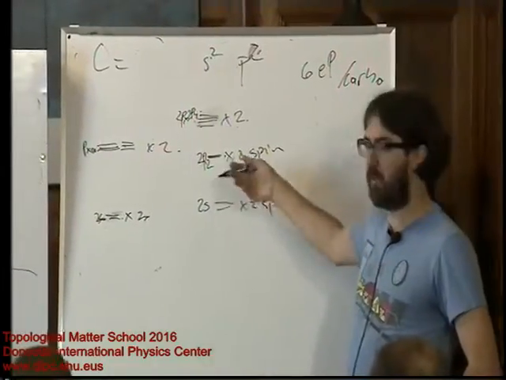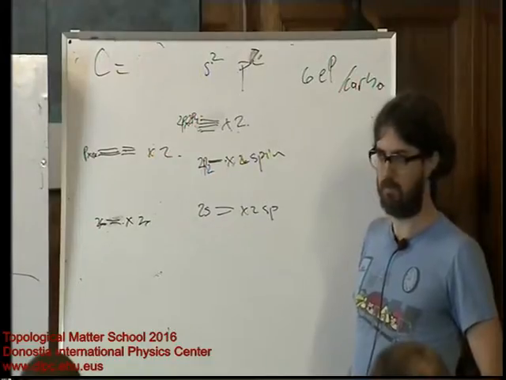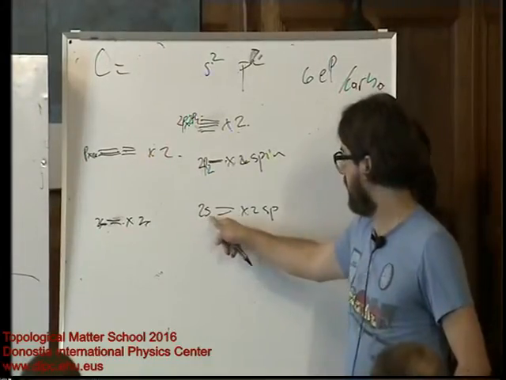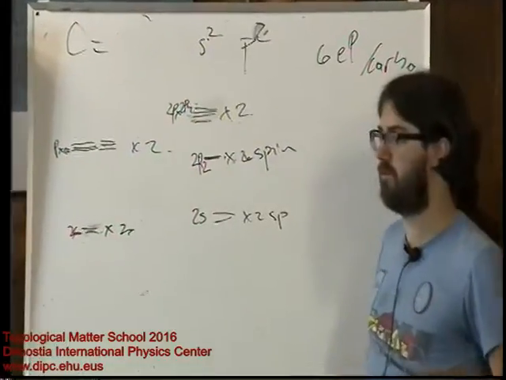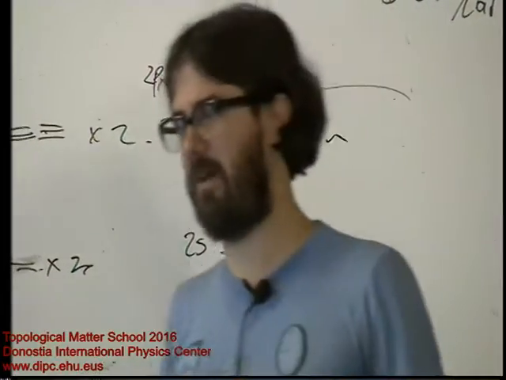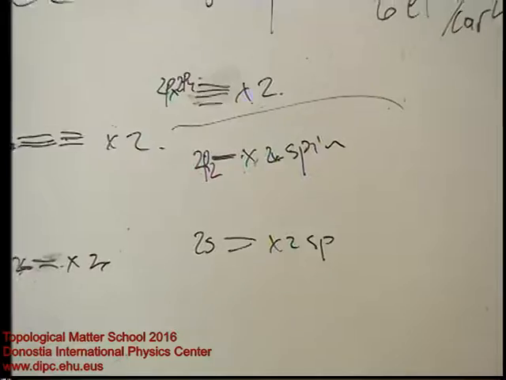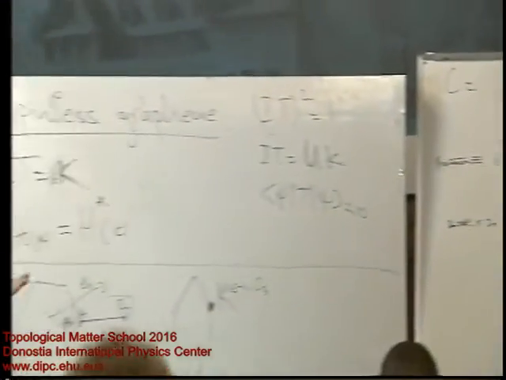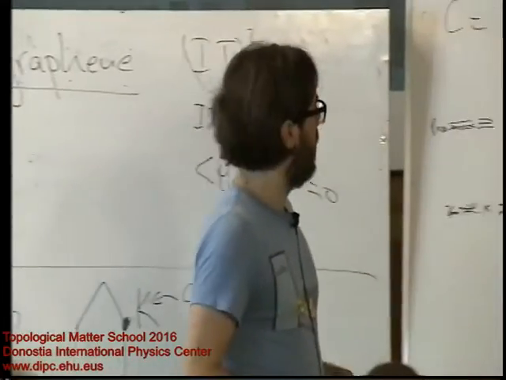I need to fill 8 electrons per unit cell. 2 electrons times 2, 4 electrons fill up here, and 2 electrons times 2, 4 electrons fill up here, so the Fermi level sits here. This would tell me graphene is an insulator. What's happened? Where am I wrong? This is nonsense.